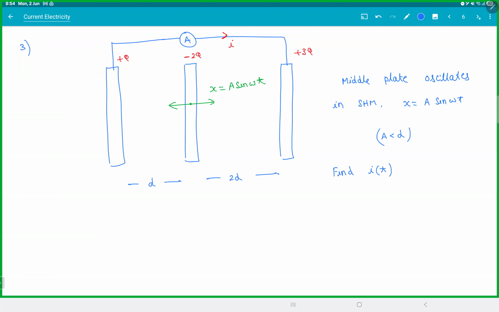Q a omega cos omega t by 3D. Okay. Could be the answer. I don't know the answer. So let's see.